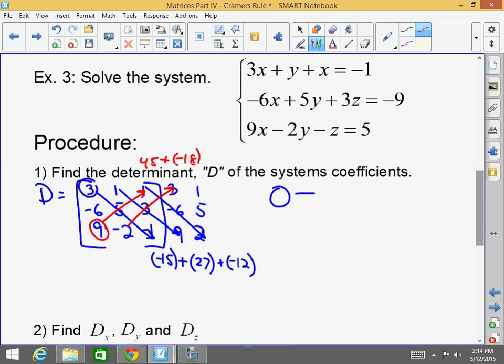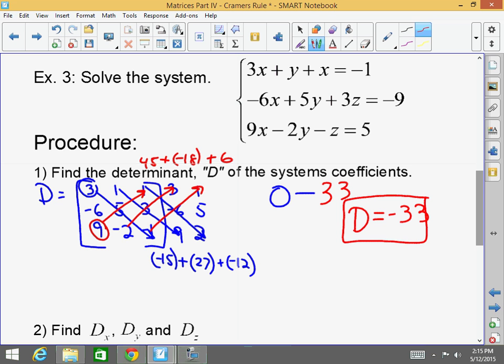Yeah, negative 1, so that's plus 6. So that's 51 minus 18. What's that? That's 33, correct? Yeah. Yep. So my determinant, my big D, is negative 33.